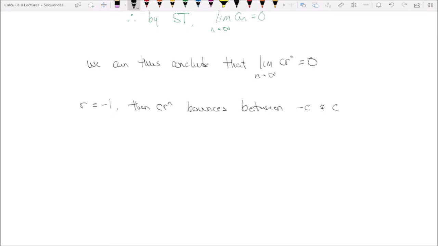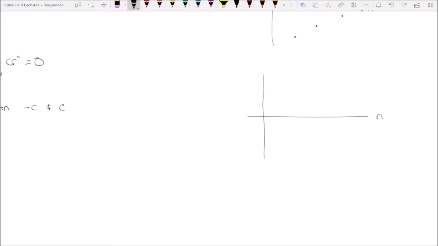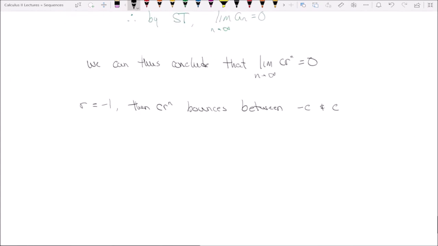So odd n gives us negative c, even n gives us positive c. Right, so that'll be this type of situation. Clearly that limit does not exist.